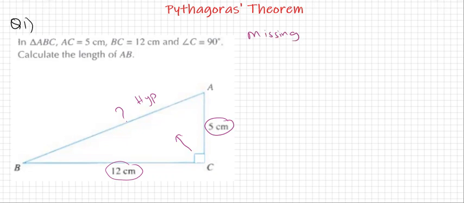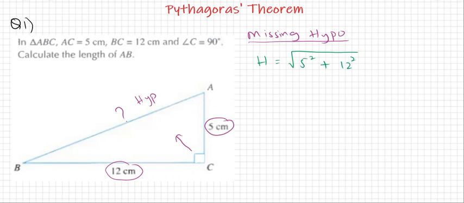And in my previous video, I explained how you find out the missing hypotenuse. The easy way to do this is you write h equals under root, and then you apply a square on the two given sides, which are 5 and 12, and you add them.